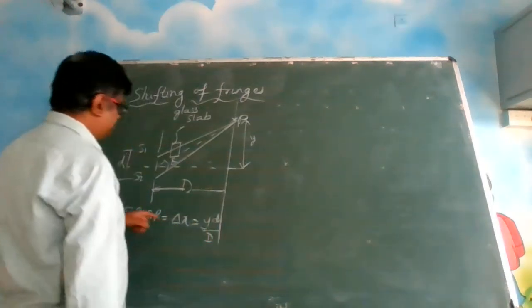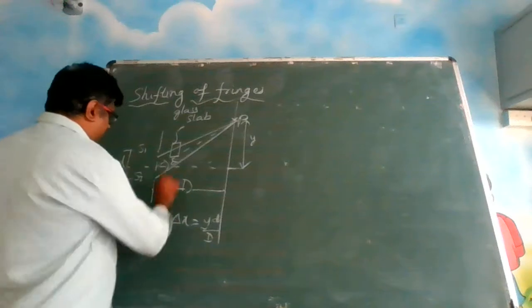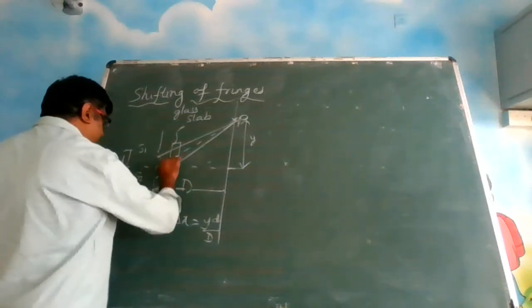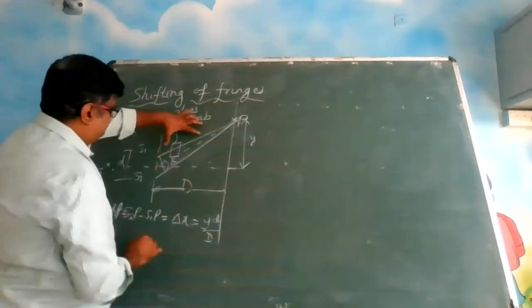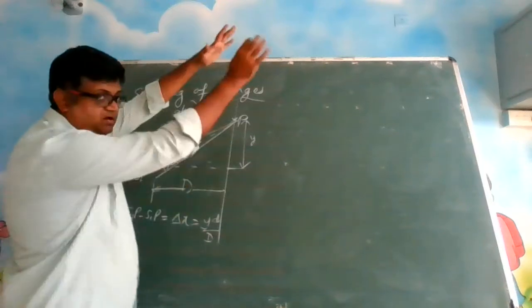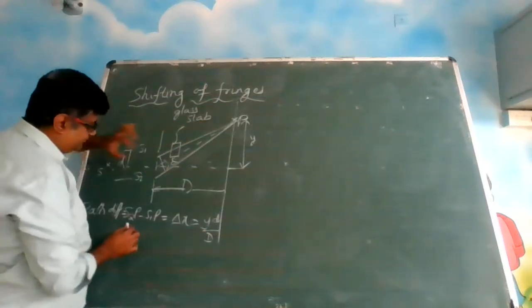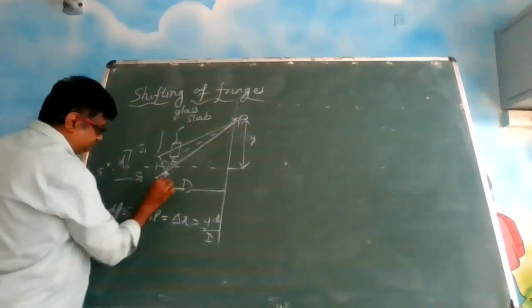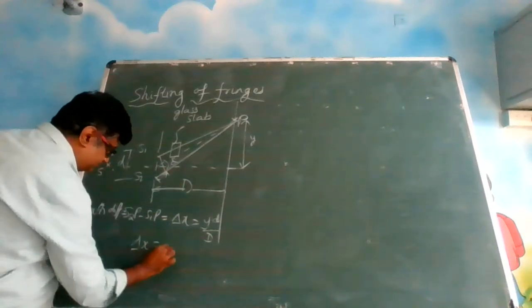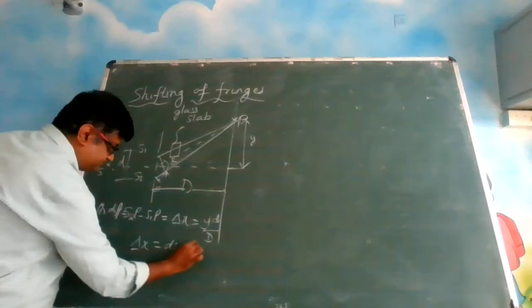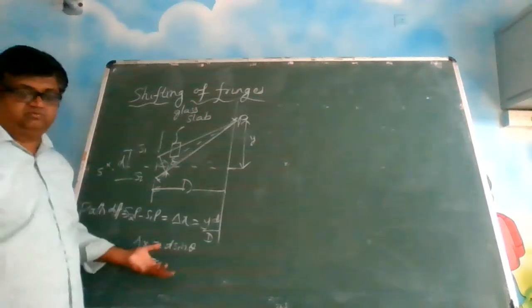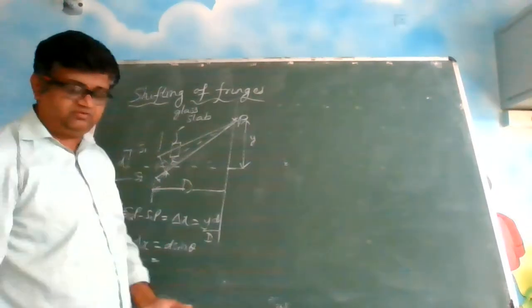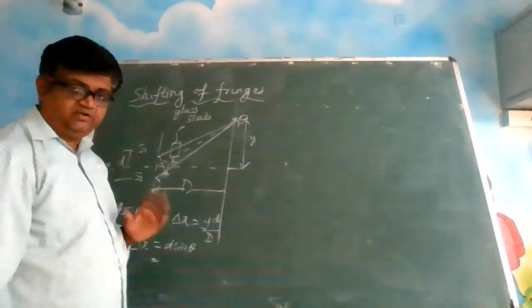This is the path difference. You remember I did a small derivation here. I dropped a perpendicular. We said that these two rays are almost parallel. So this is your path difference. This is d. So what was this path difference? Delta x was d sine theta. But because theta is very small, sine theta and tan theta mean the same thing.